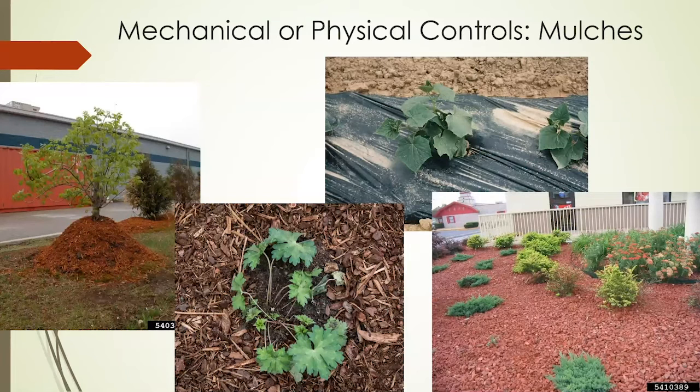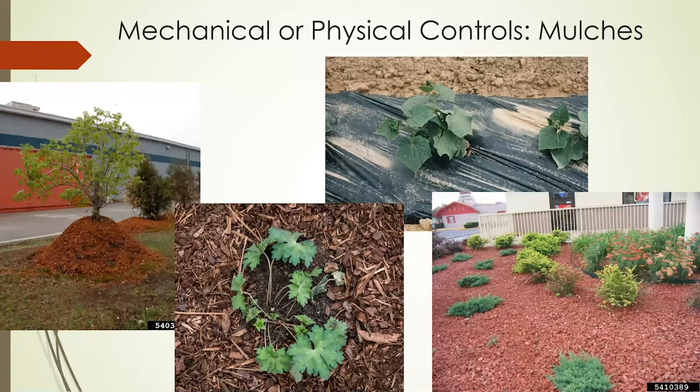The other mechanical or physical control is mulches. Some people consider this a cultural control, and there's an argument to be made both ways. I bet everybody here has done rock or mulch, and everybody here has discovered that even though you put down the weed barrier cloth and you put down the mulch, weed seeds blow in and will grow on top of that weed cloth.